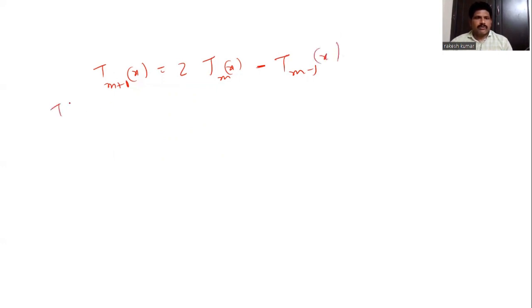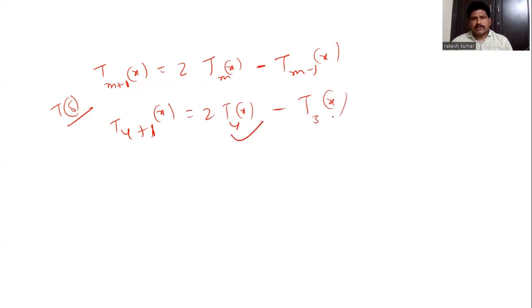For example, if I want to calculate for 5, you can take it like this: T4 plus 1 of x is equal to 2x into T4 of x minus T4 minus 1, which is T3 of x. Already you know the value of T4 of x and T3 of x, so simply substitute that.